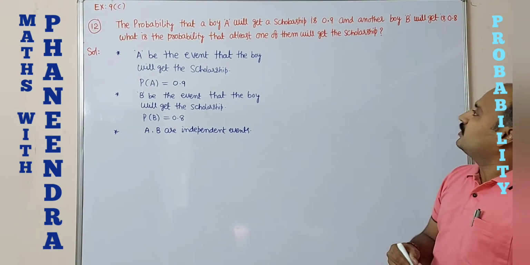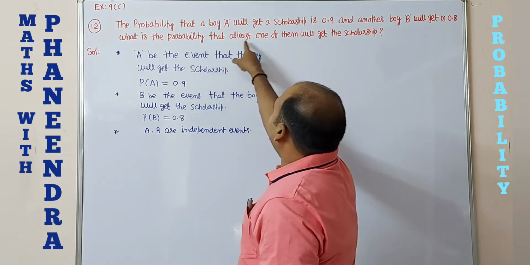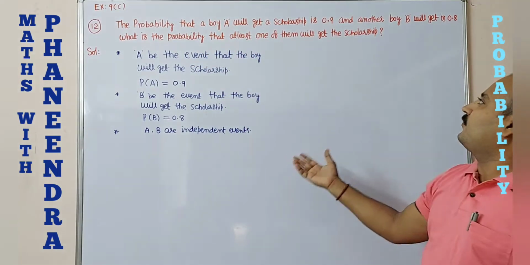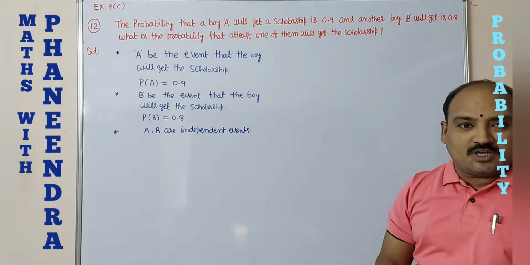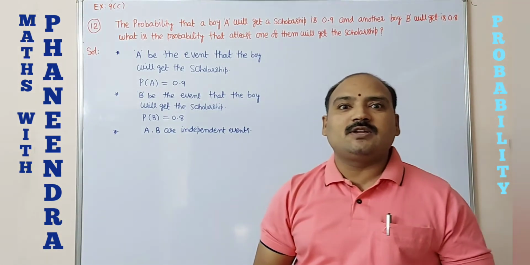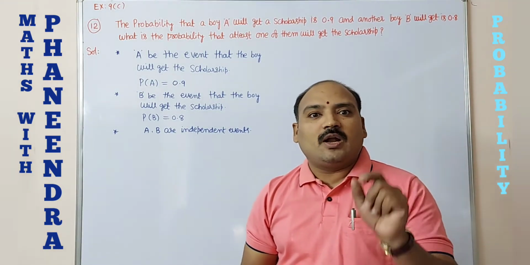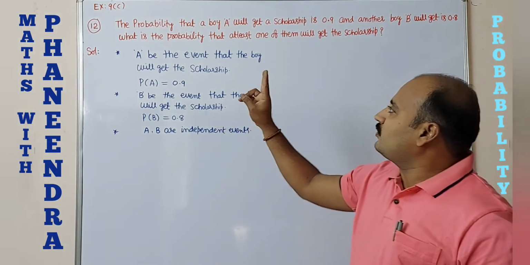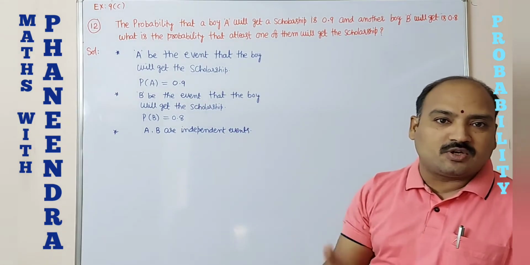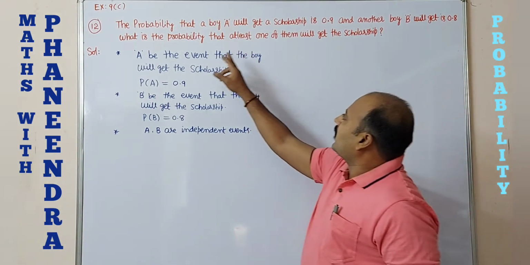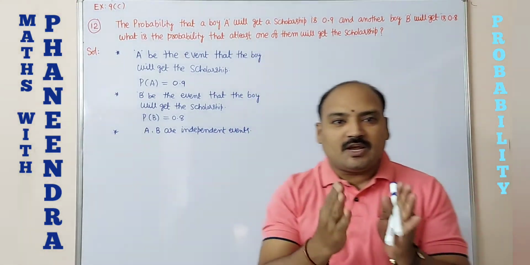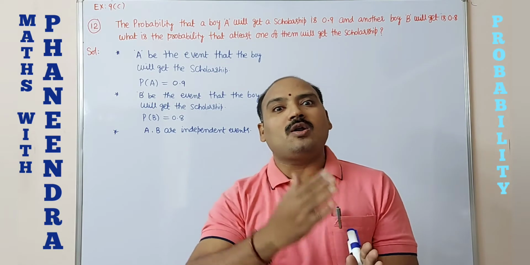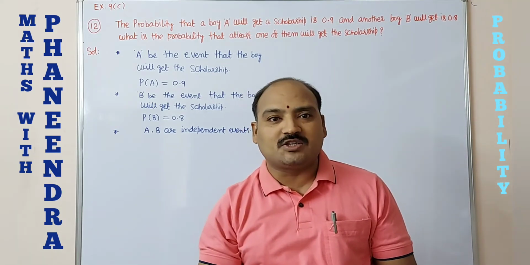Next, what is the probability that at least one of them will get the scholarship? I already discussed this in the last video. At least one of them: two boys are there. The probability that at least one of them means either boy A will get or boy B will get the scholarship.